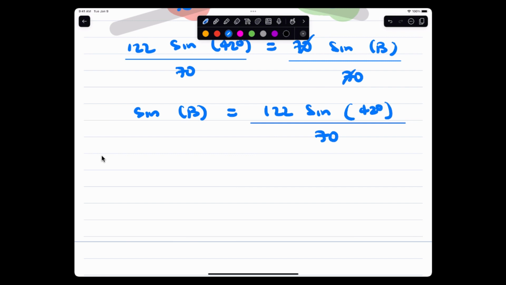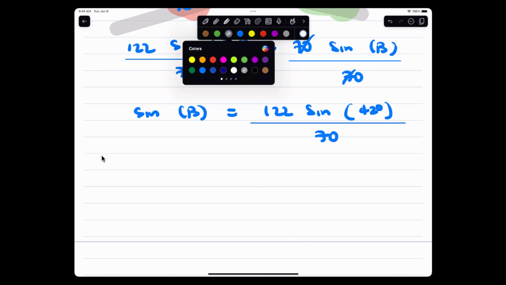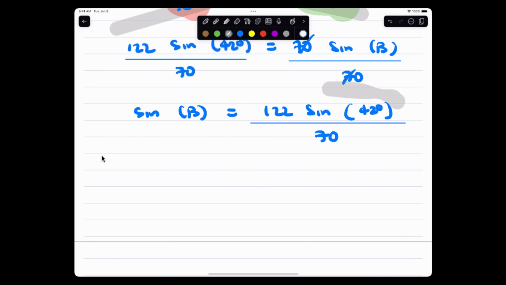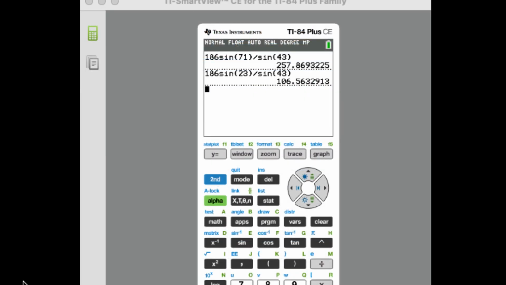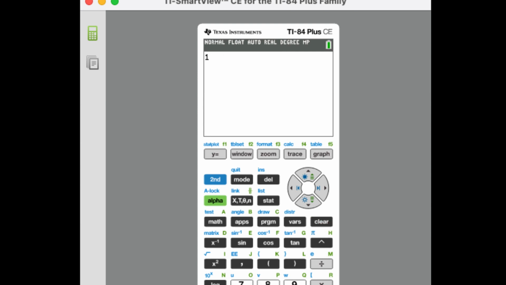Okay. Now, just like before, ladies and gentlemen, I'm going to say to you guys, find that numerical value. Use your TI to find this number. So you have 122 sine of what? 42, right?